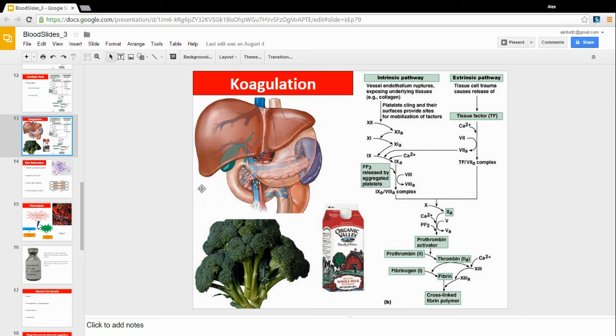Now notice I spelled coagulation with a K right there. And the thing is, there's a reason I did this. I'm not misspelling coagulation. The thing is, in order for the liver to make the coagulation factors, the liver needs vitamin K. Vitamin K is necessary for coagulation.